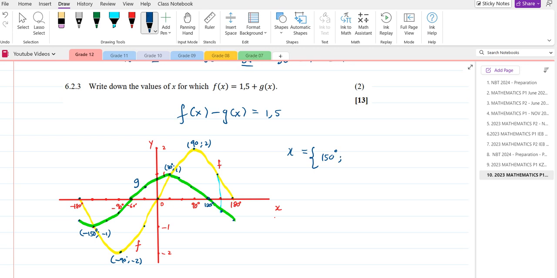There should be other points. Is there any other point here? Yes, I found another answer here. No, but this was 0.866. We want 1.5. At 90. Oh, okay, this point was a bit messed up. At 90, I think it was here. Cos of 60 was half.